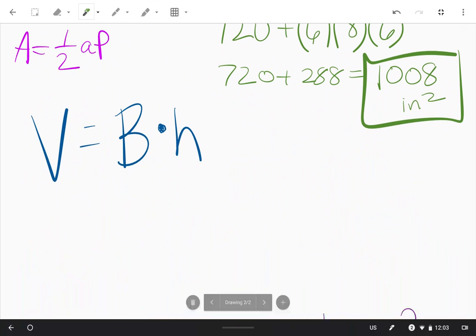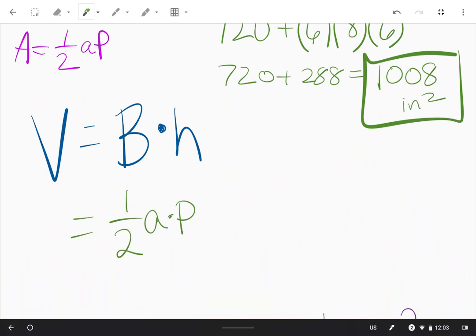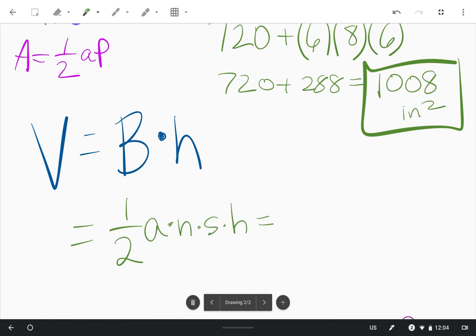And then the base times height is going to be the volume. So in other words, 1/2 A times P times H. Remember, we know that P is N times S. So it's going to be 1/2 times A times N times S times H, which is all the values that we have.